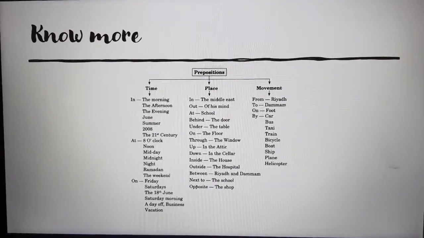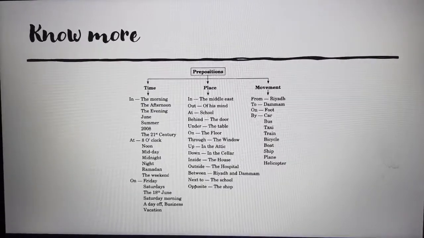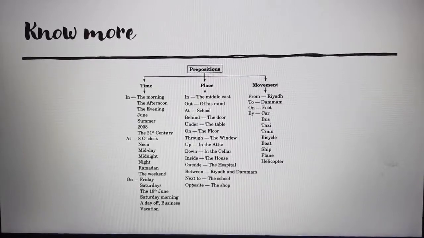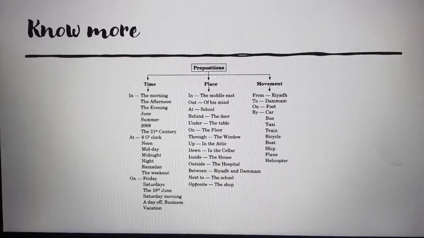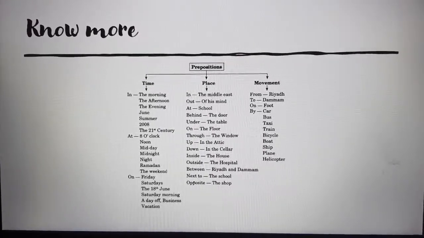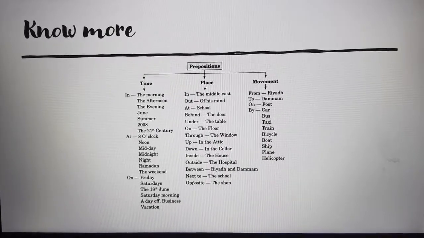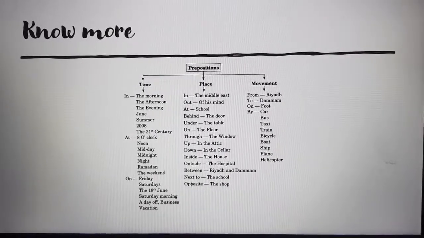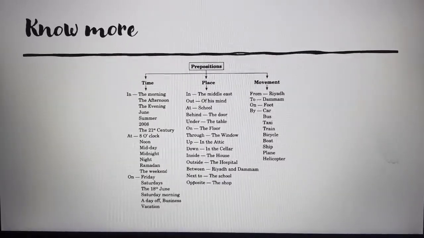So in is usually used with, like, in the morning, in the afternoon, in the evening, in June, in summer, in 2008, in the 21st century. Here you can use at 8 o'clock, at noon, at midday, at midnight, at night, at Ramadan, at weekend, on Friday, on Saturdays, on 18th June, on Saturday morning, on a day off, on a vacation.